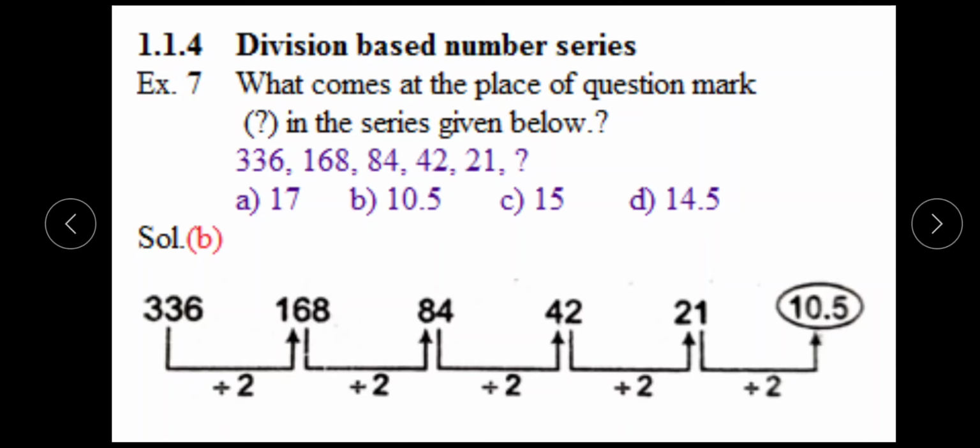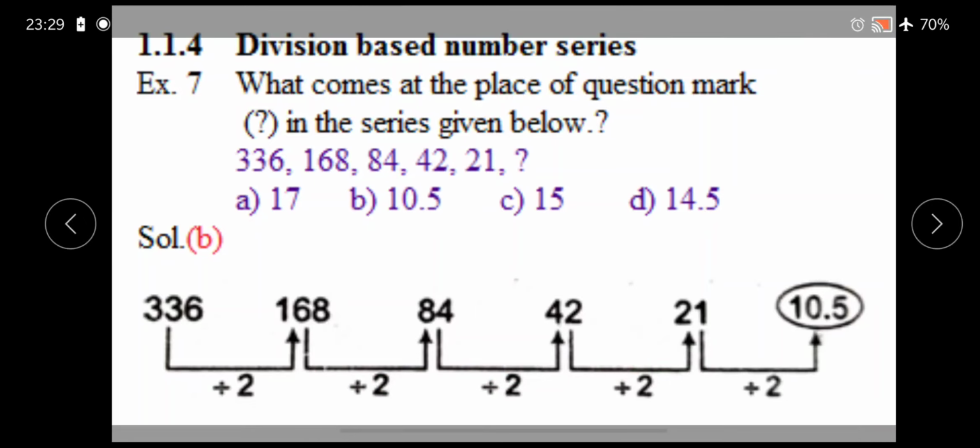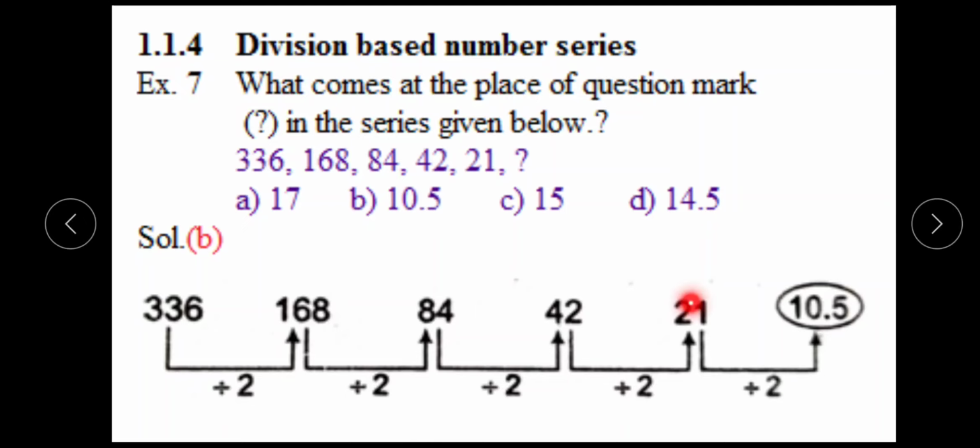If 336 is divided by 2, we get 168. Again we divide by 2, then we get 84. Then again divide by 2, we get 42. If all the time we are dividing by 2, it means the last value also will be divided by 2. It means that will be 10.5.